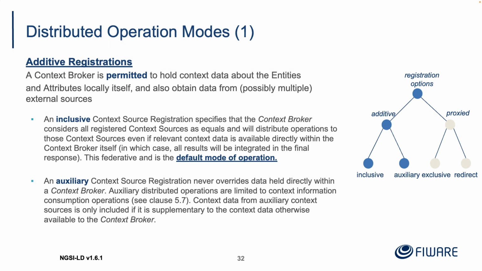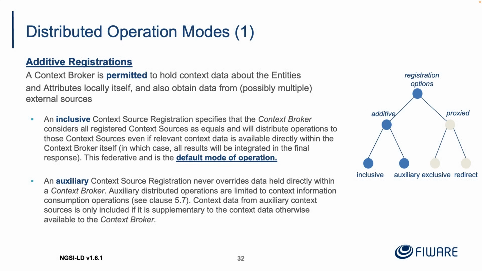But that's not the only way you could add data. What you could do is you could have a situation where I have information about an entity, but I may or may not have a complete viewpoint. So let's say I have temperature data about various agricultural fields. If I haven't got a specific sensor in one of my fields, I'd like to get it from, say, the weather forecast instead.